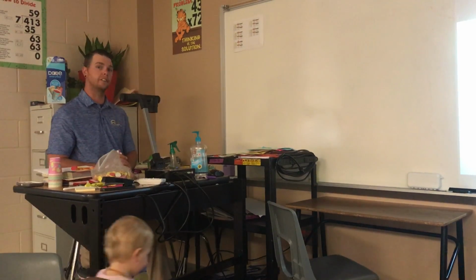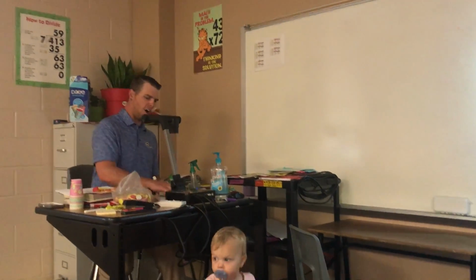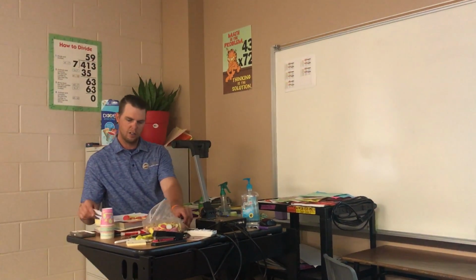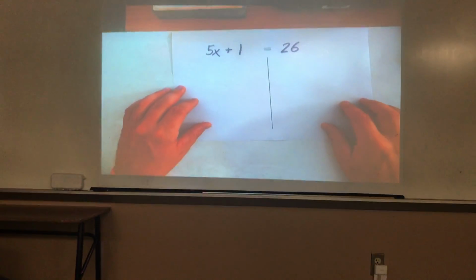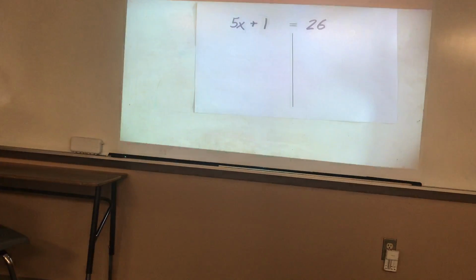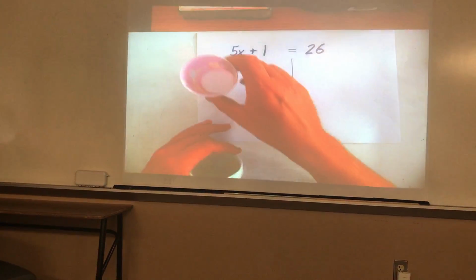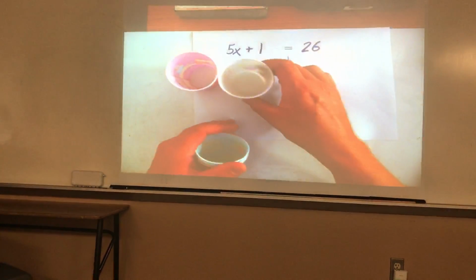Now we're going to go into two-step equations using manipulatives, and this is pretty fun. So let's get started. Now we're going to get our sheet of paper out here, and for our coefficient we're going to use our Dixie cups. So we're going to have 5 Dixie cups sitting up here.